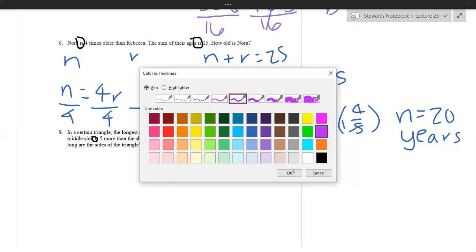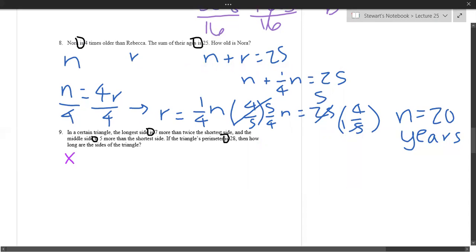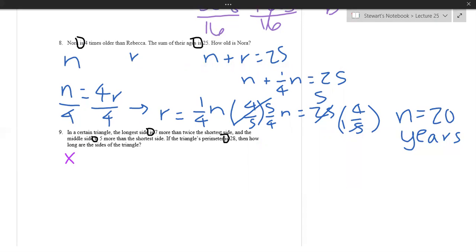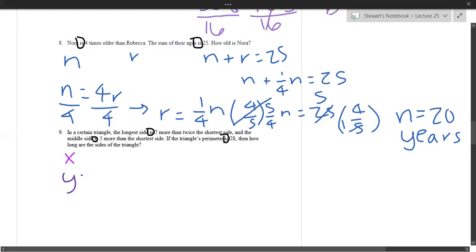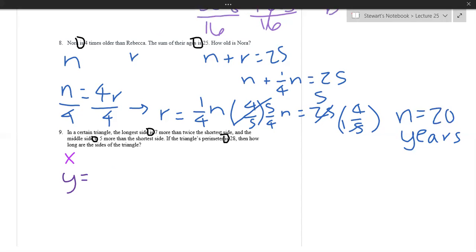So let's let x equal the shortest side. Then it says the longest side, which we can call y, is 7 more than twice the shortest side. So that's twice the shortest side, and then we're adding 7 to it.